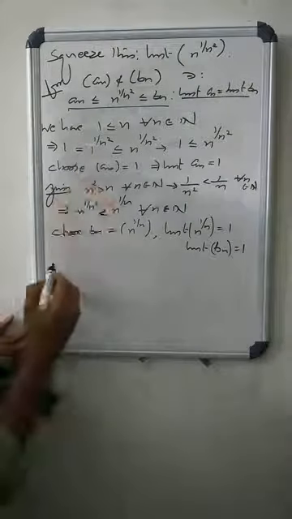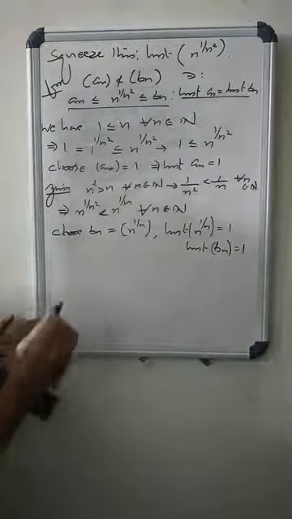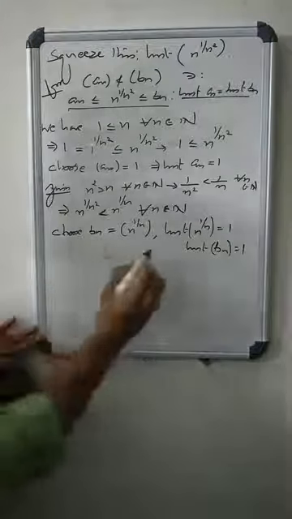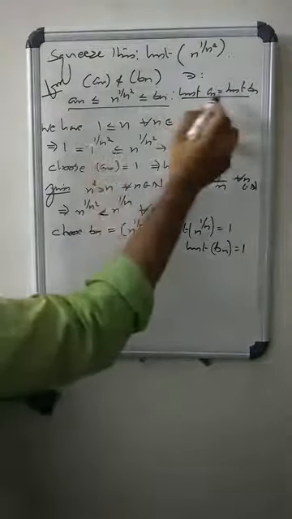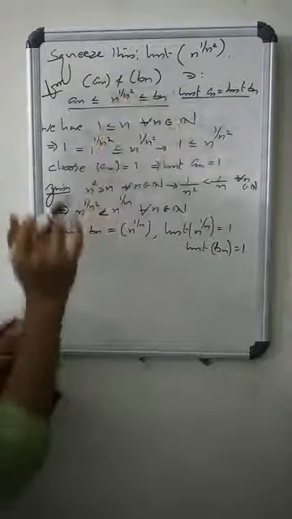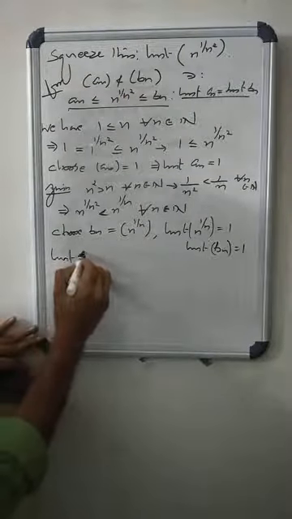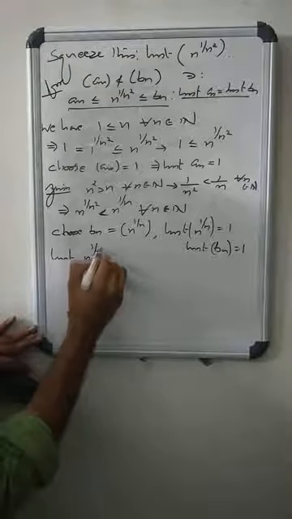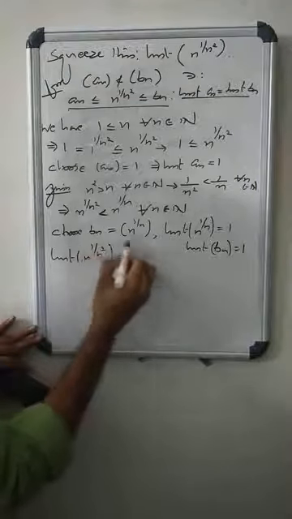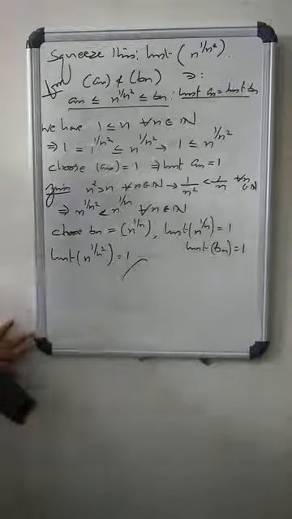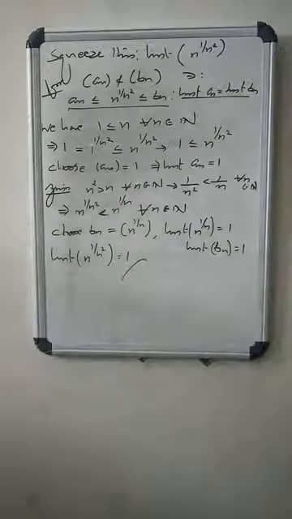So an and bn are chosen such that, by the Squeeze theorem, limit an equals limit bn, and an is less than or equal to n power 1 by n square, which is less than or equal to bn. So by the Squeeze theorem, the limit of n power 1 by n square equals limit an equals limit bn, that is 1. So the limit of n power 1 by n square is 1.